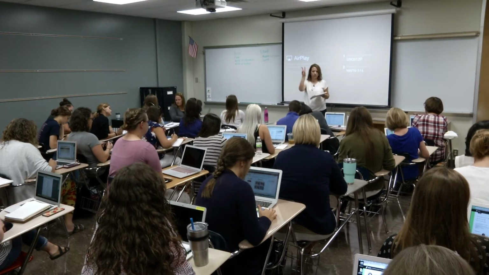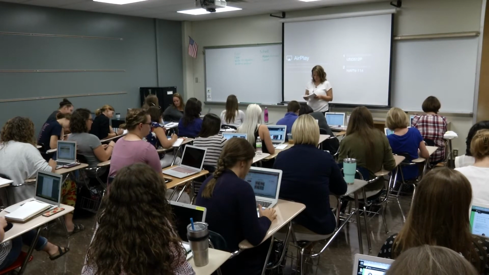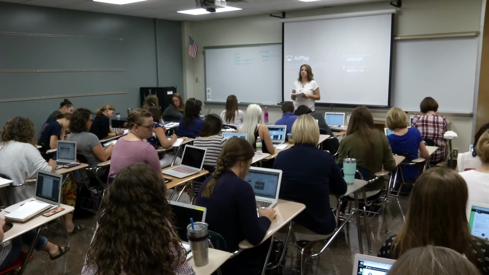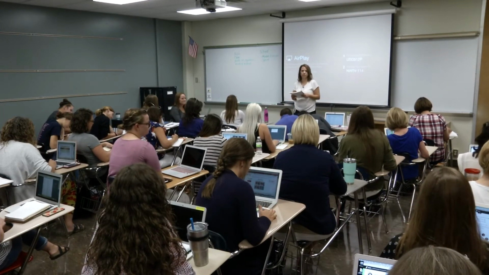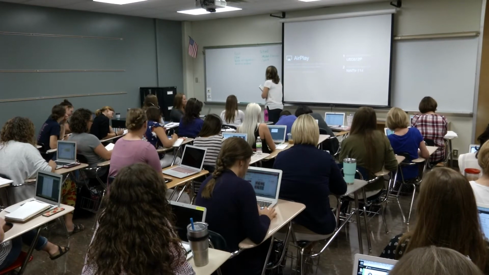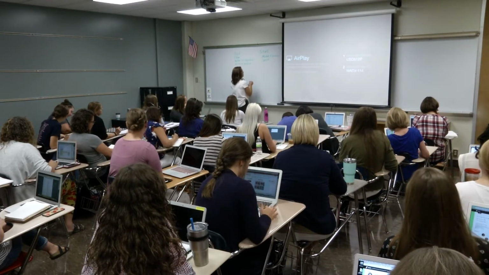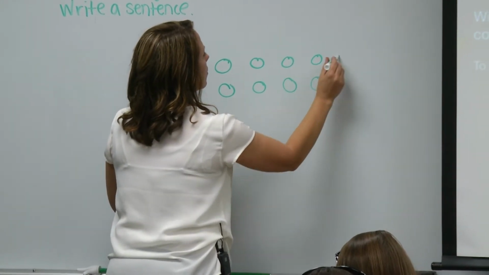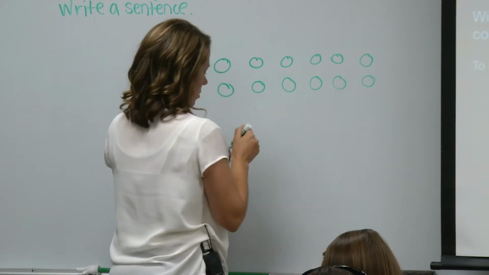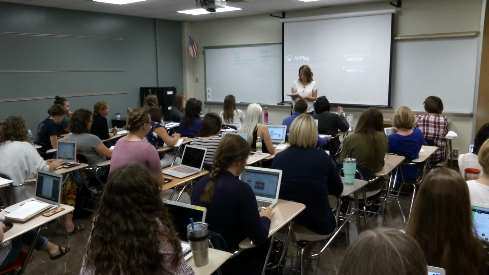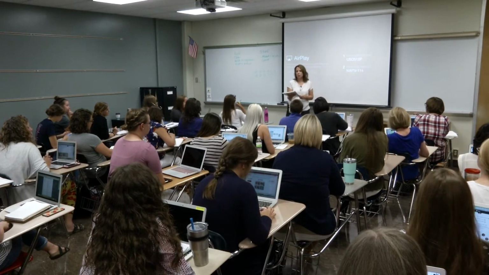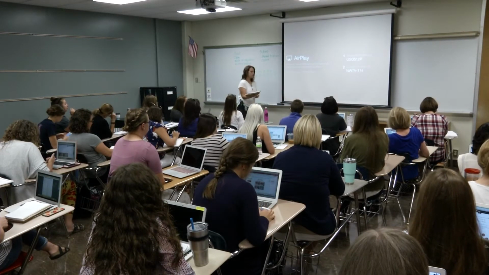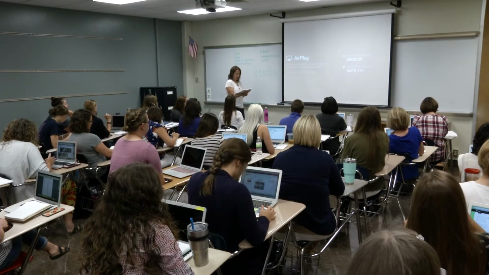So 2 counters in each group. How many groups could you make, class? 6. So you can make 6 equal groups, and they each had 2 counters. Okay?